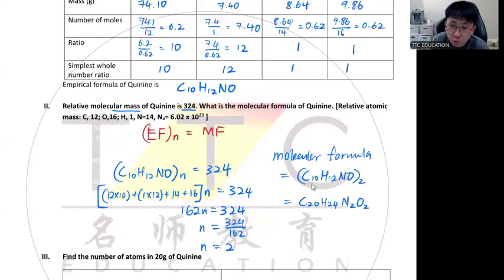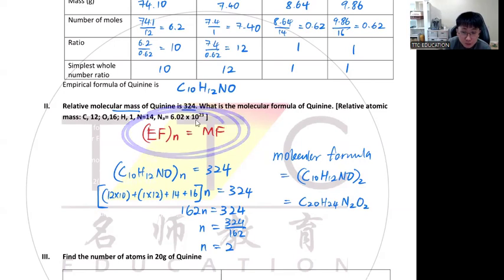You just expand the 2 to everyone in the formula. That is the molecular formula. Make sure you know how to do this, because most likely in your coming exam, when they ask you to find the empirical formula, there is a high chance the next question asks you to convert it back to the molecular formula. You have to remember this relationship. This red color formula relationship is not in the textbook, it is for your own understanding.